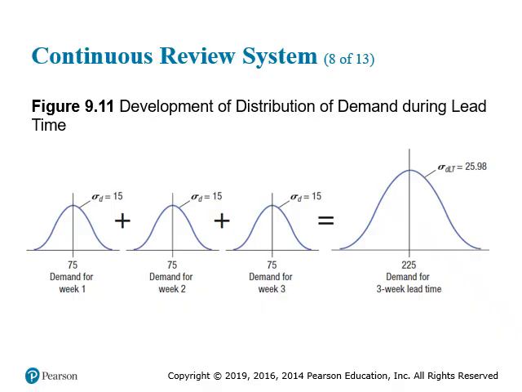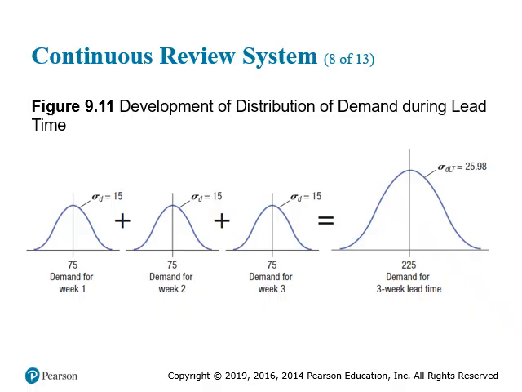So the average demand for 3 weeks would be 225. But the standard deviation of the 3-week demand distribution would not be 15 times 3, or 45. That would be a huge standard deviation for this scenario.